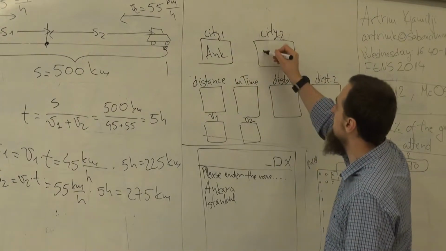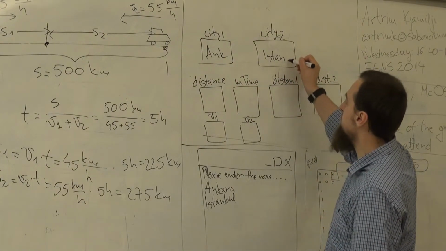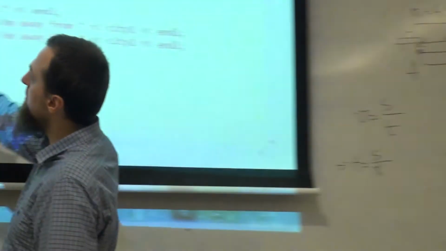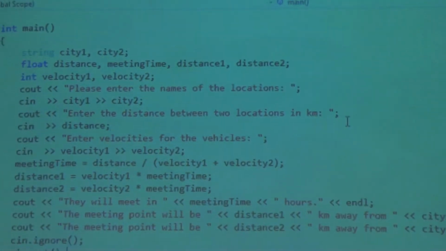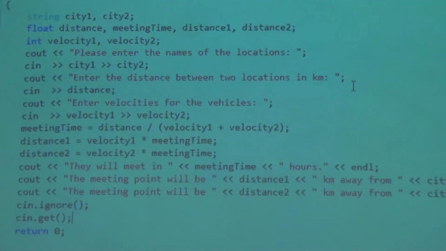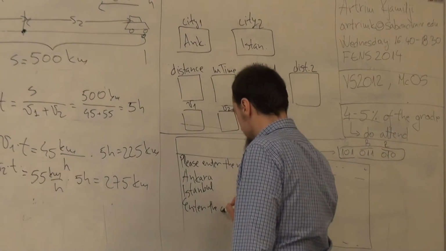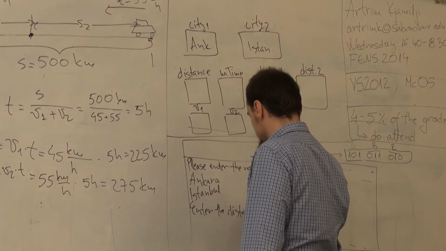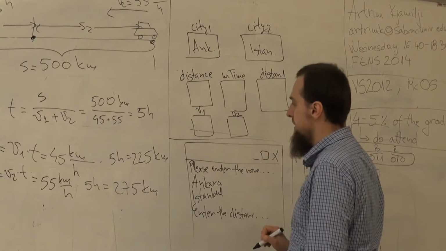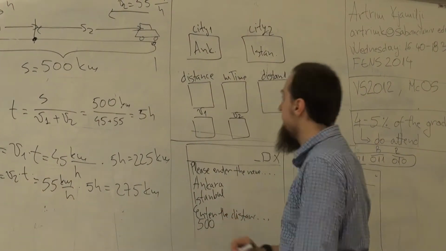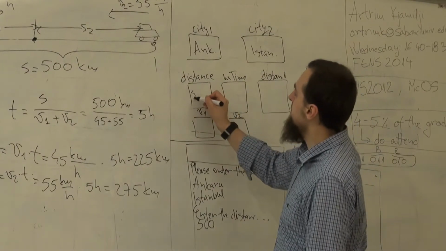Ankara stored, Istanbul stored, as I have given them. Enter the distance between two locations in kilometers, and the distance was 500 kilometers. When I say 500, it's stored here.